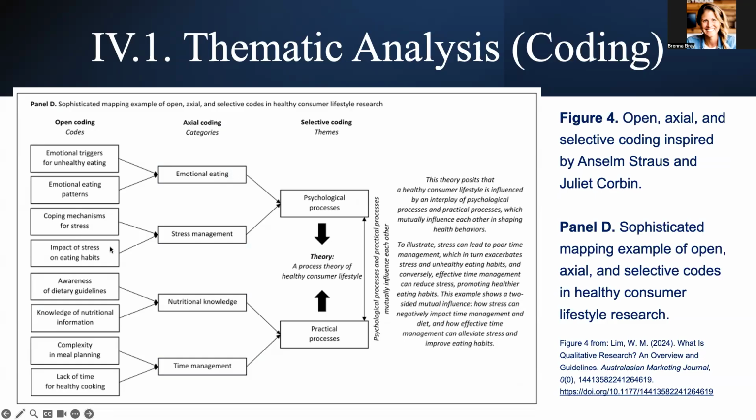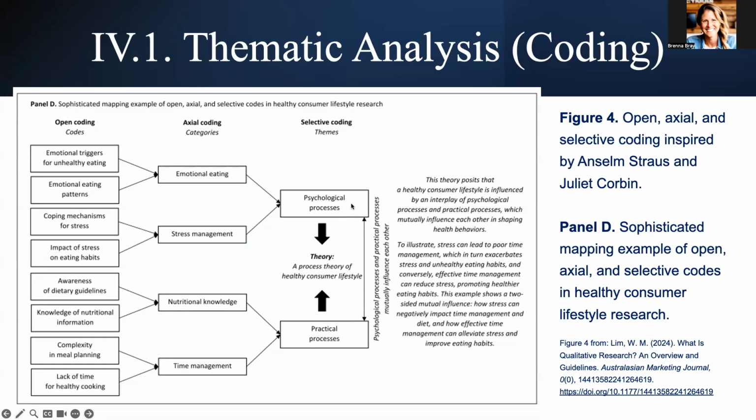We've got coping mechanisms for stress, impacts of stress on eating habits, nutritional knowledge. So this would be awareness of dietary guidelines and knowledge of nutritional information, and time management. And this would include complexity in meal planning and lack of time for healthy cooking. And then from these four categories, we can identify two themes.